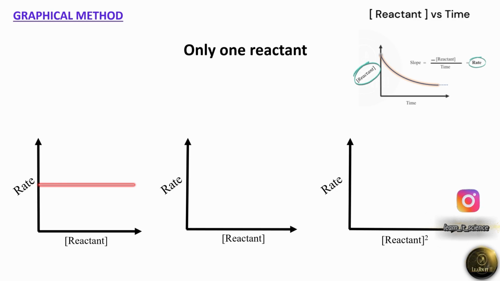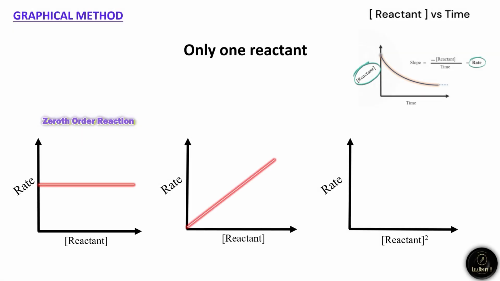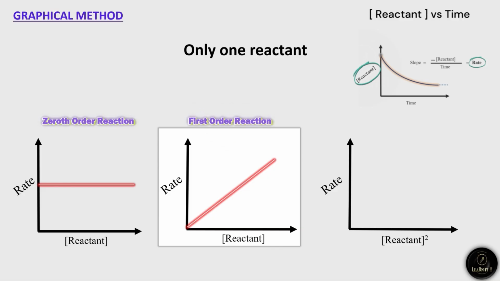If we get a straight line which is parallel to x-axis in the rate versus concentration of the reactant graph, then it is understood that rate is independent of the concentration of the reactant, then it is a zeroth order reaction. If the rate of the reaction versus concentration of the reactant graph gives a straight line which is passing through the origin, then the reaction is first order.